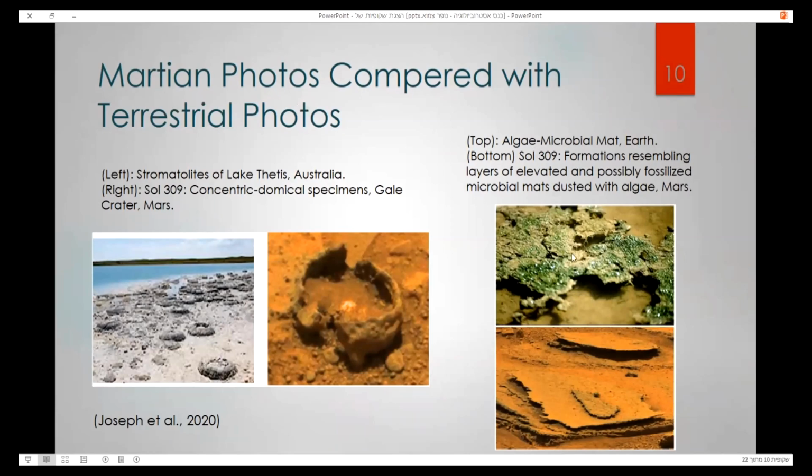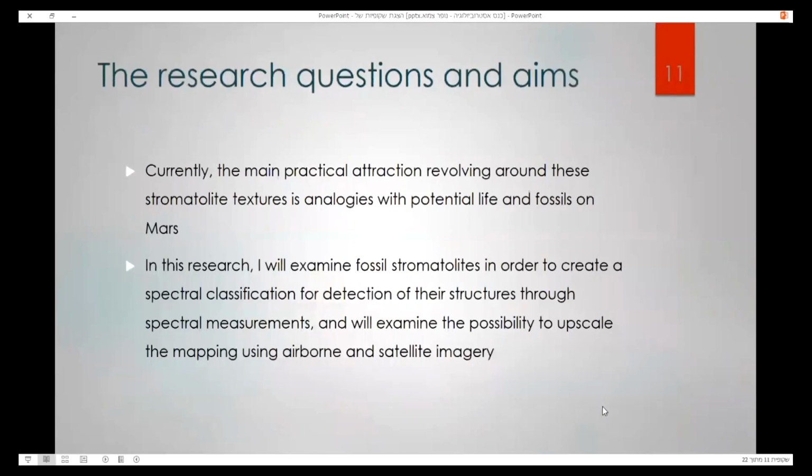And these are algae microbial mats from Earth compared with photos from Mars. Currently, the main practical attraction revolving around these stromatolite textures is their analogies with potential life and fossils on Mars.